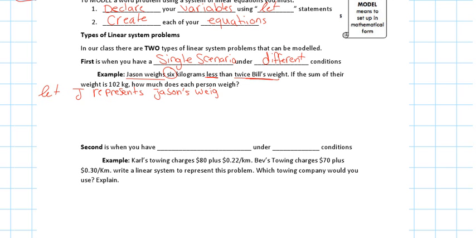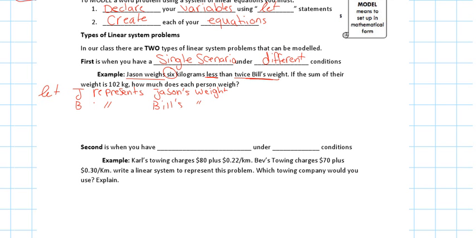I don't say just Jason, right? I don't say that J represents Jason. Jason is a person. What am I comparing here? I'm comparing their weight. So I have to use that weight word. And then B represents, just do this, Bill's weight.